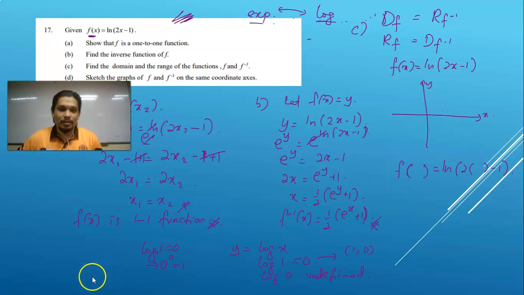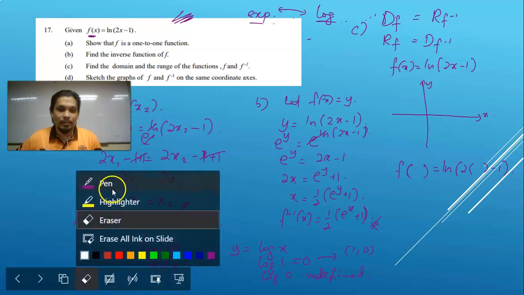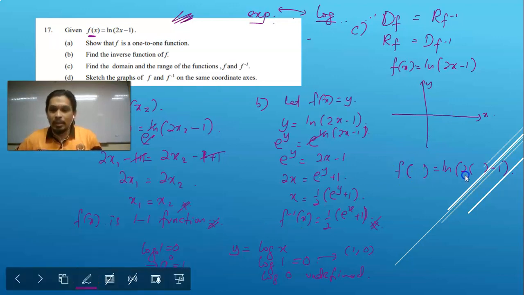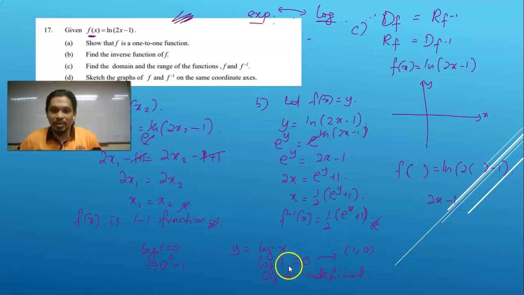Okay, so now to make this 2x minus 1, let's make it equal to 1. So then 2x equal to 1 plus 1, which is 2, then x equal to 1.